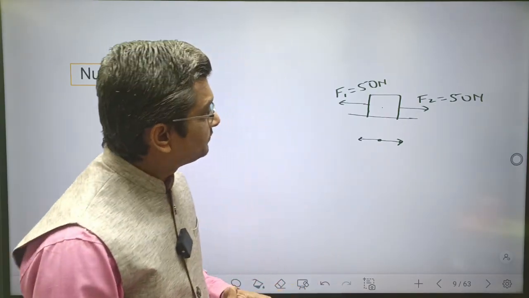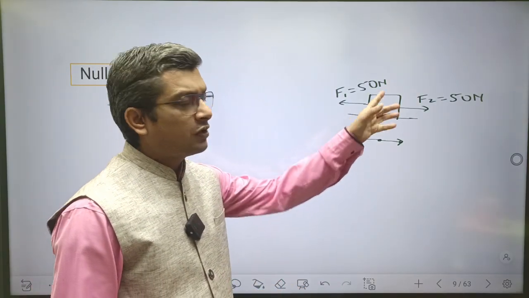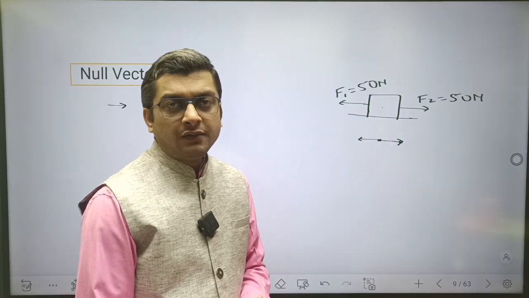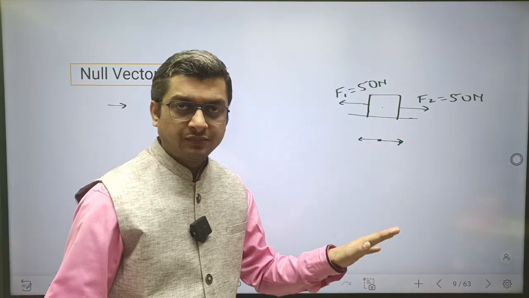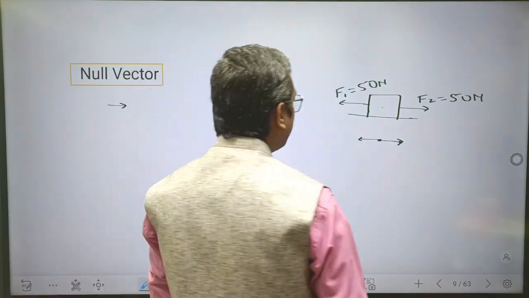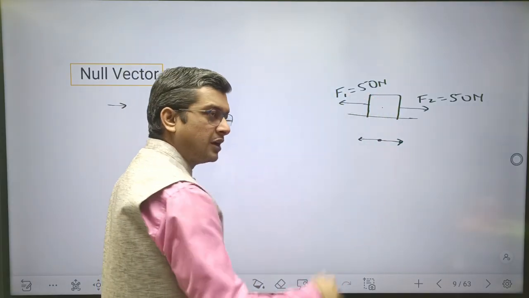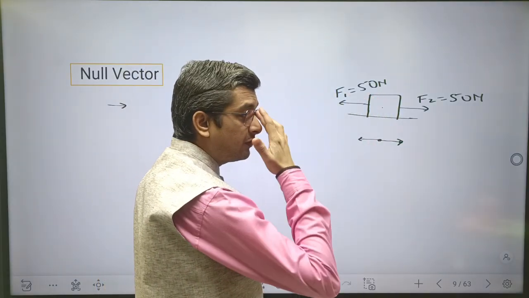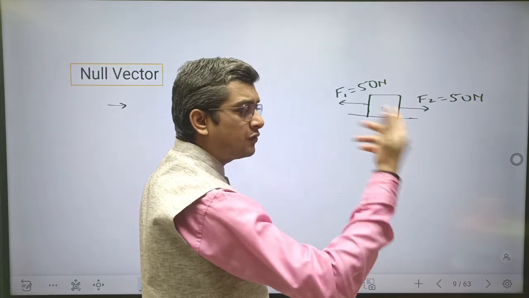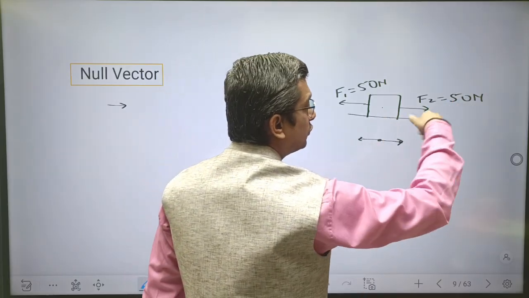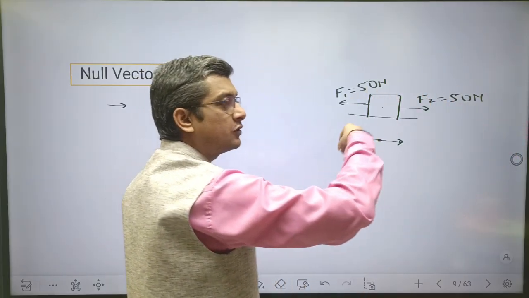So what happens? The net force acting on this object will be 0, because it will move nowhere. If there is only one force of 50 Newton acting on the object towards the left, the object will move towards the left. And if there is a single force of 50 Newton towards the right, the object will move towards the right.